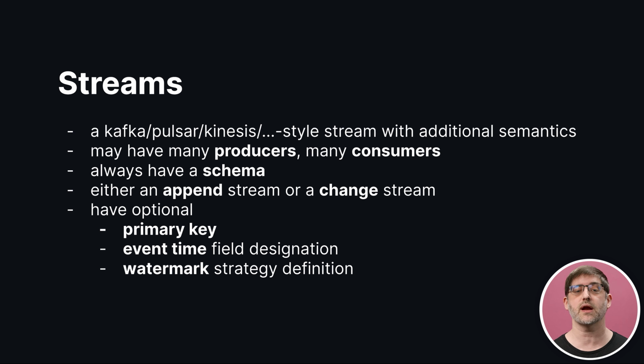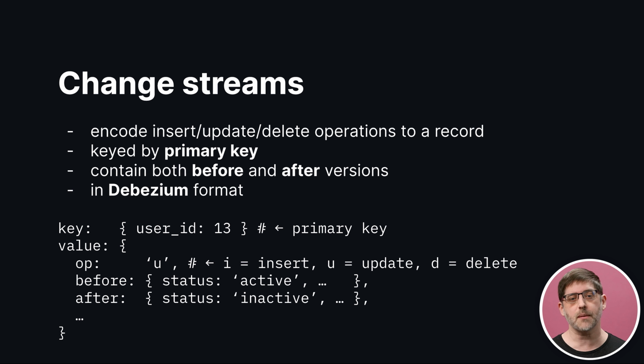Again, we're a stream processing platform, so we care very much about these kinds of things. Change streams effectively encode insert operations, updates, and deletes, the operations to a particular record. And that record is indicated by a primary key, just as it would be in a typical operational relational database.